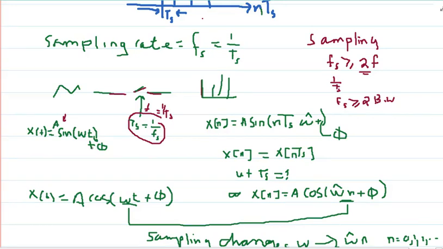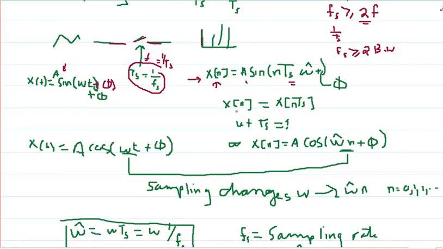This in turn turns into the sampled signal x(n) = A sin(n Ts omega + phi), or x(n) = x(nTs).